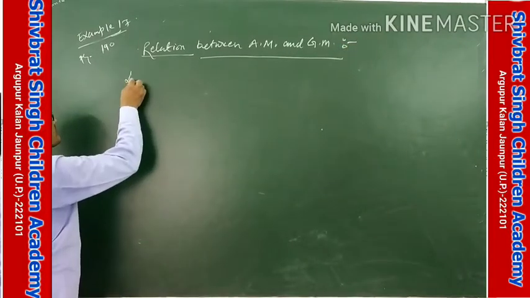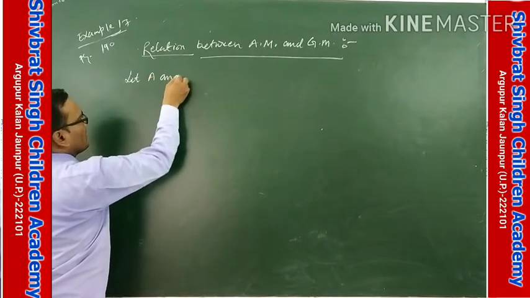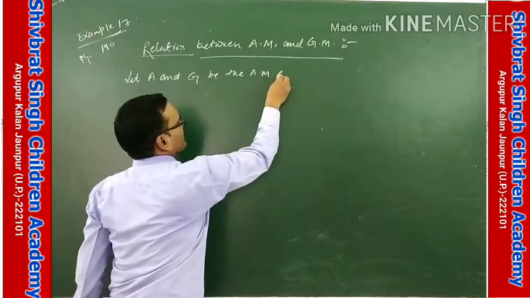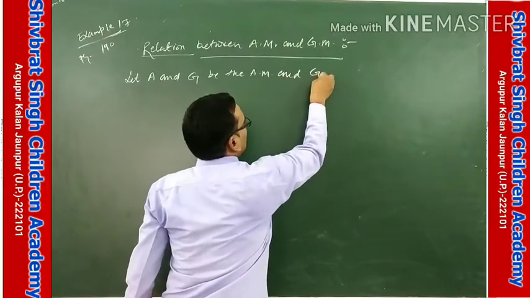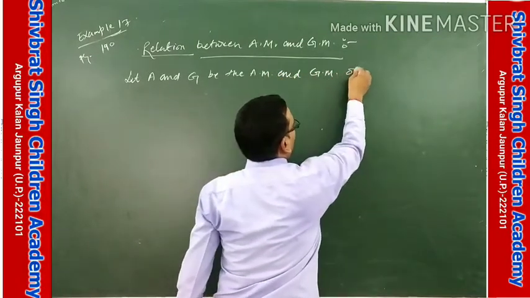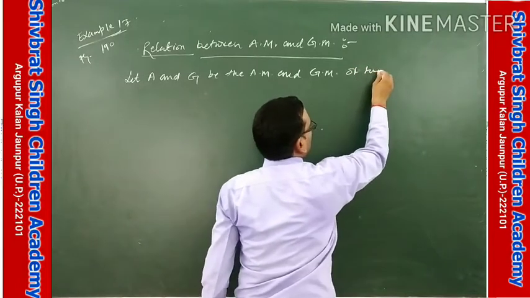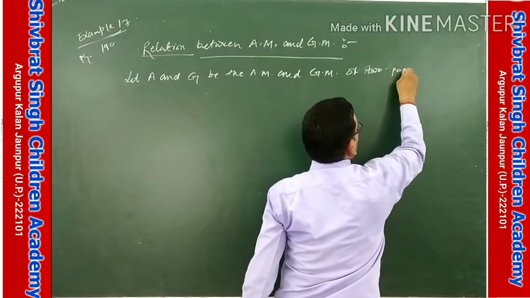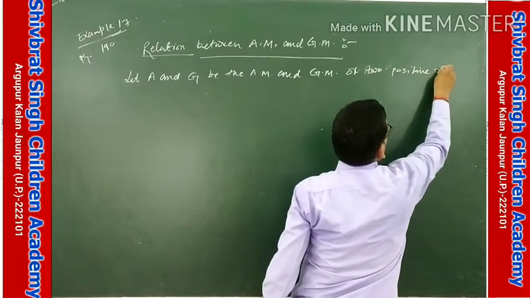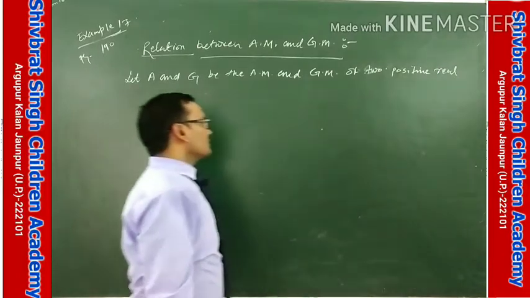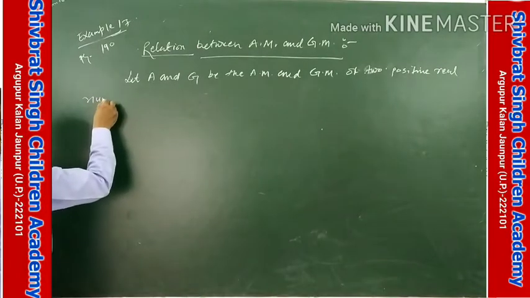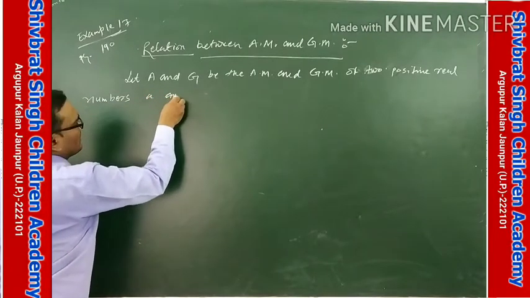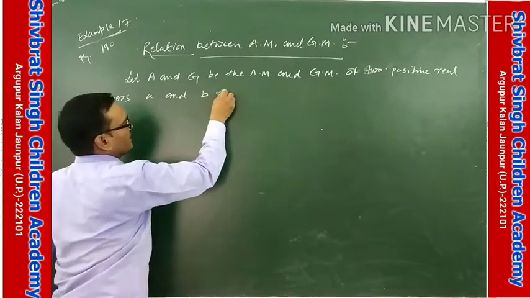Let A and G be the arithmetic mean and geometric mean of two positive real numbers a and b respectively.